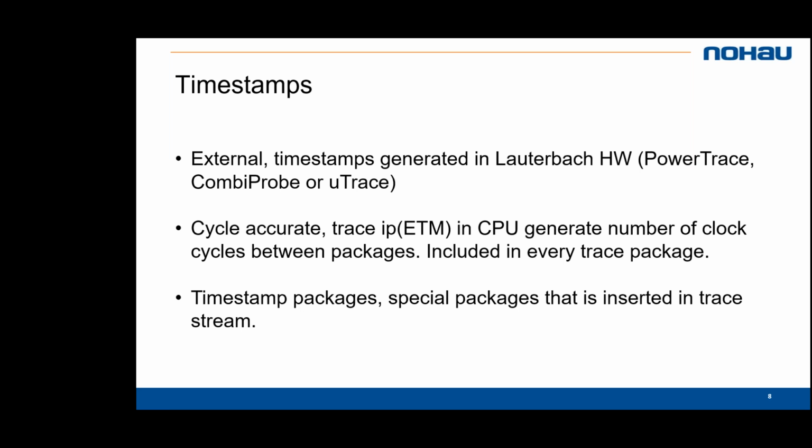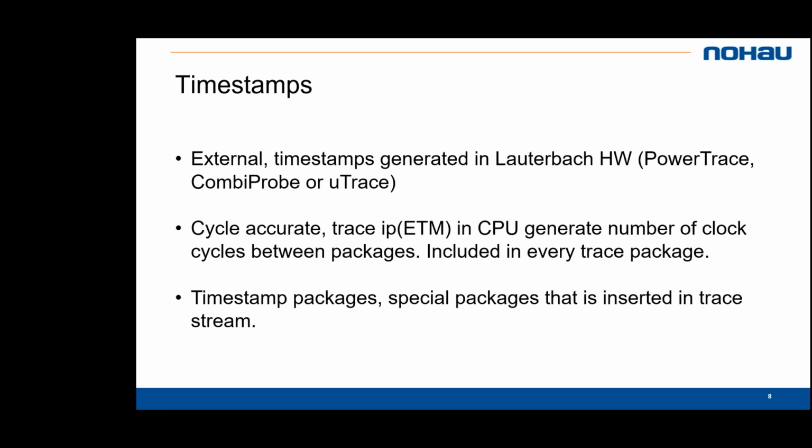In principle, for every trace package you get the number of clock cycles that have passed since the previous trace package. If you then know the CPU clock, you also know the exact timing. So this is very, very accurate, and it's the best timestamp that you can get for tracing. But the drawback is that it requires a lot more bandwidth out from the target because it generates a lot more trace data.